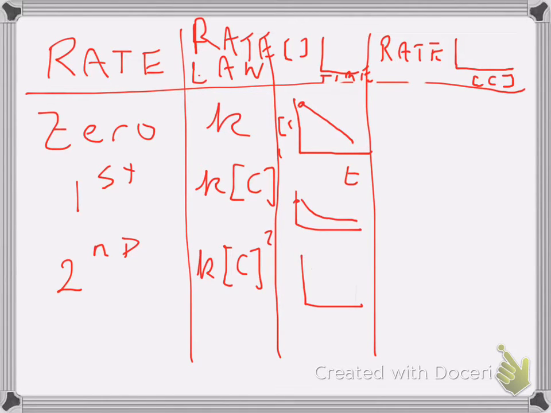We do the same thing, concentration versus time for first order and for second order, and we see that these are both curvy. You have to make the appropriate calculations. For the first order, it's going to be the ln. For the second order, it's going to be the reciprocal to make it a linear plot as discussed earlier.